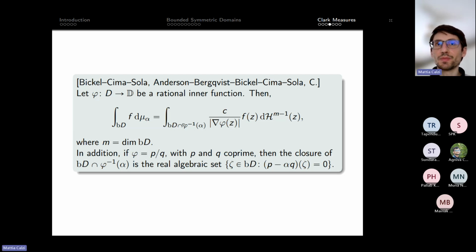So essentially, you are considering measures which are supported in this set here, which is a real algebraic set in the Shilov boundary. And the density is a constant, which is explicit and depends only on the domain. And the modulus of the gradient of phi, which is a complete analog of what happened in the unit disk, where we had the Dirac deltas because m was 1.